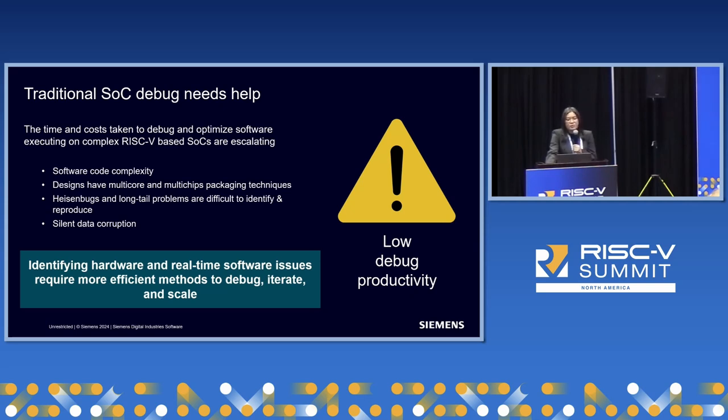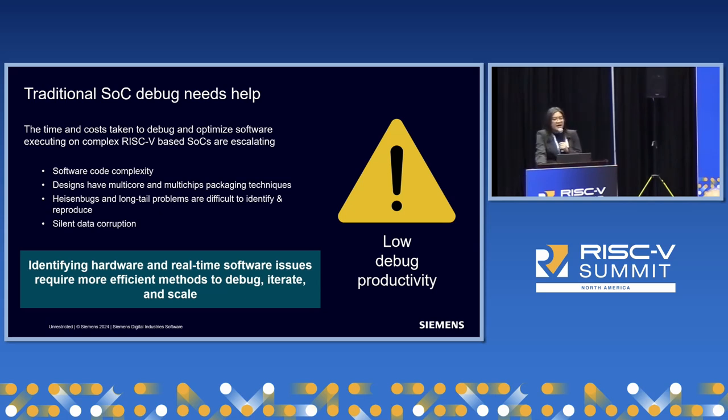High-end bugs and long-tail problems are difficult to identify and reproduce, that is known. And silent data corruption has been a problem for some years and continues to be an expensive problem to solve and expensive to debug and reproduce as well.